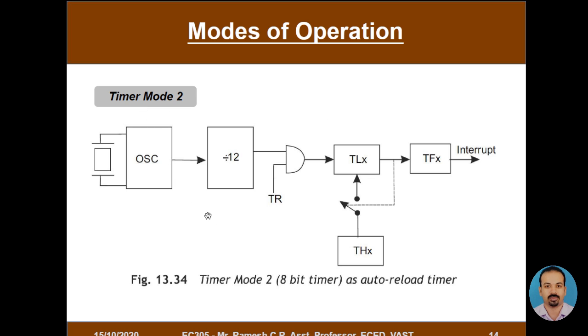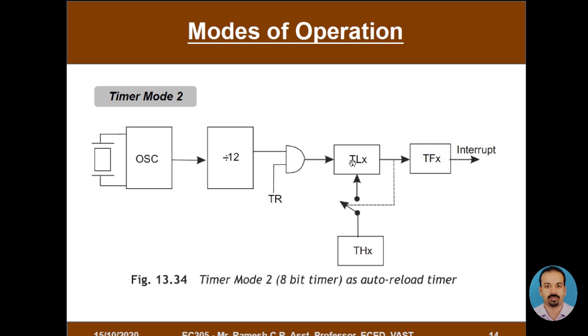In this block diagram you can see that the timer module in mode 2 is only working for timer operation. Based on the timer start bit, that is TRX, TR0 or TR1, the internal clock frequency will be passed to the TLX register, and it keeps on counting.